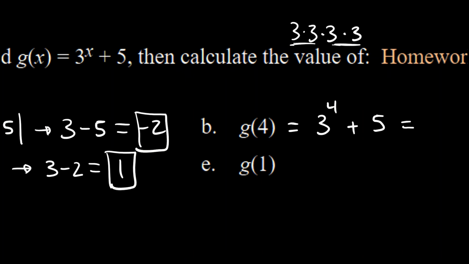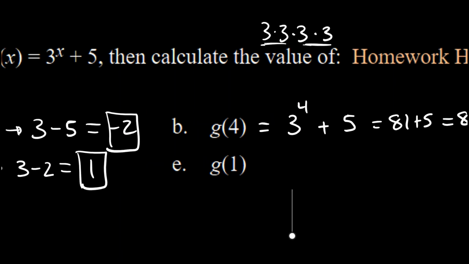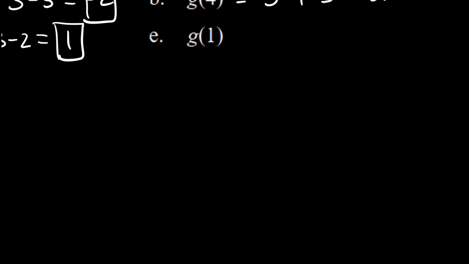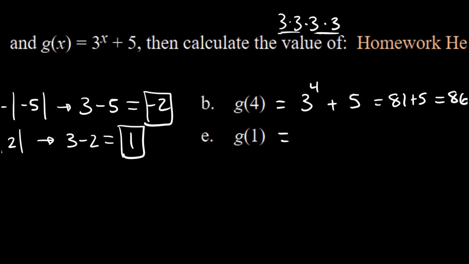So this becomes 81 plus 5, which is 86. And then it also says, what's g of 1? Well, g of 1 is just going to be 3 raised to the 1st plus 5. 3 to the 1st is 3, so this is going to be 3 plus 5. And the last time I checked my calculator, it kept saying that was 8.